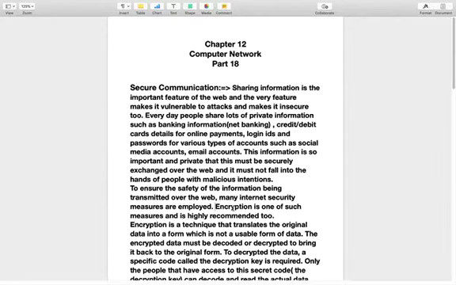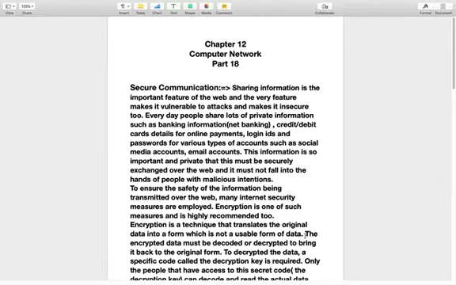So what is encryption? Encryption is a technique that translates the original data into a form which is not usable. We translate data into a form that other users cannot understand. The encrypted data must be decoded or decrypted to bring it back to the original form.